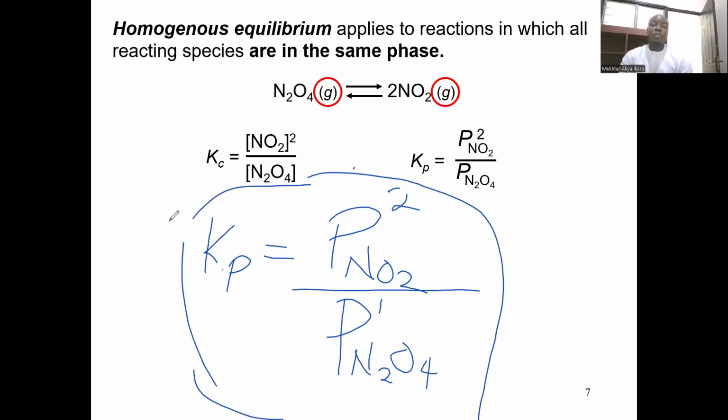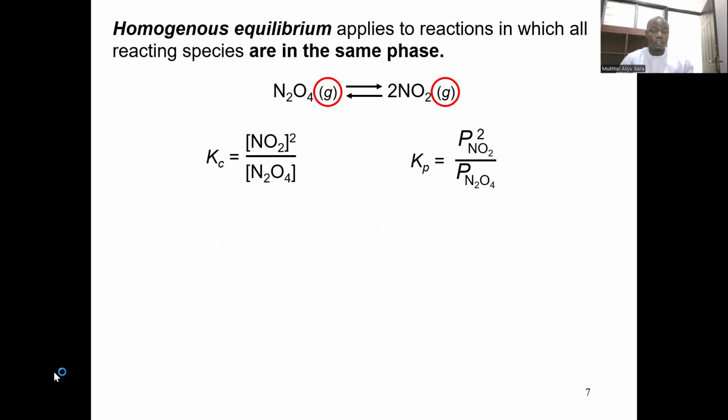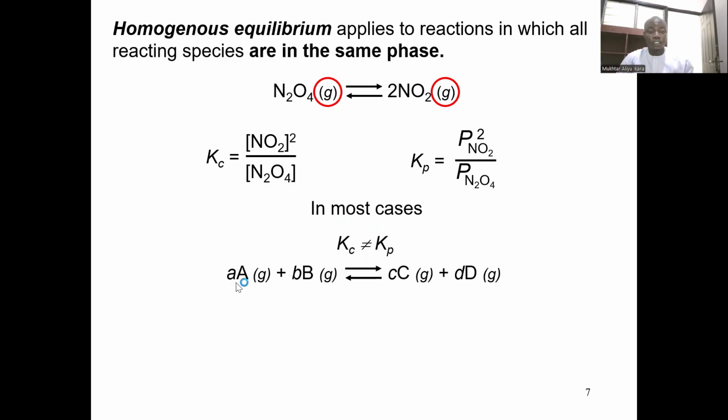But we should know that Kp and Kc are not the same. In most cases, Kc is not equal to Kp. If you look at it, they are all gaseous, all in homogeneous equilibrium.